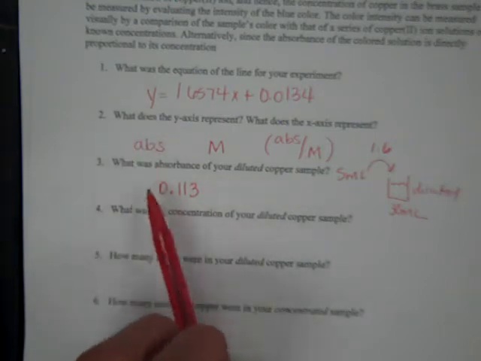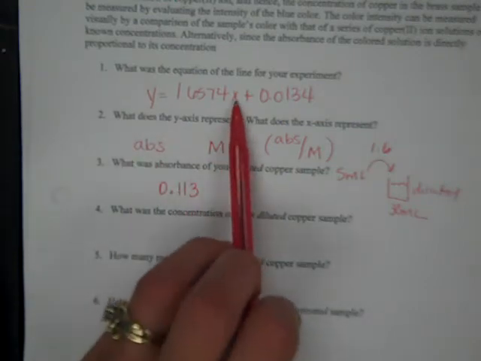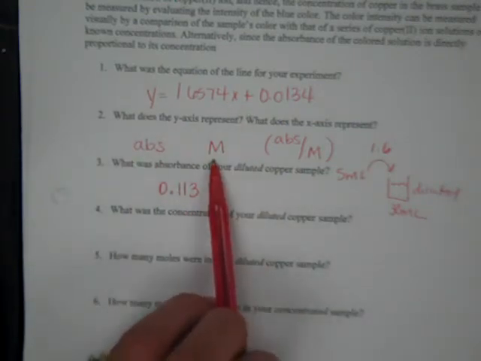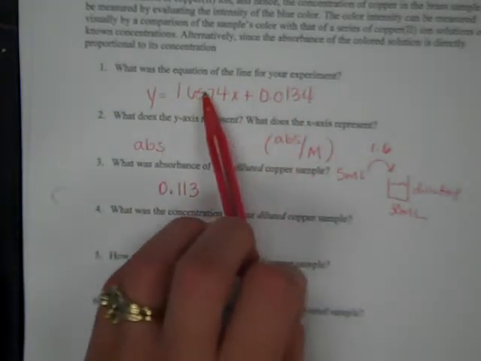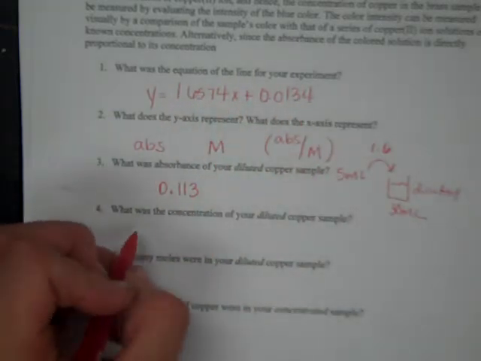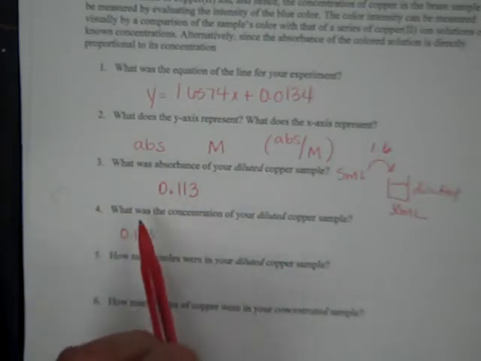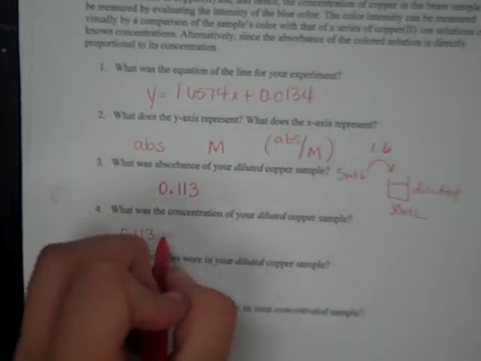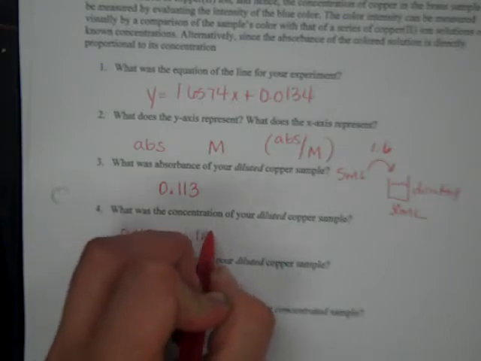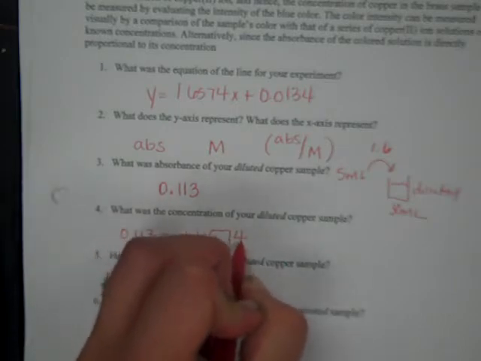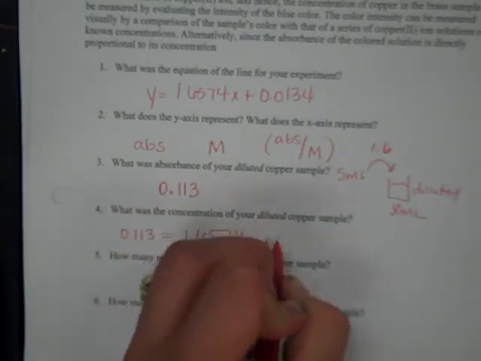Y represents absorbance, x represents concentration, so all I need to do is plug it into this equation. Y is my absorbance, which was 0.113, and then I just plug in the rest of the equation that I generated for you on that Excel spreadsheet.